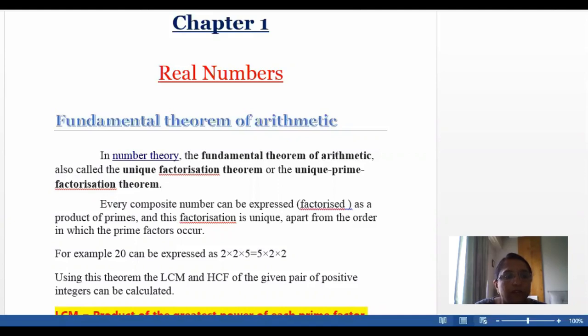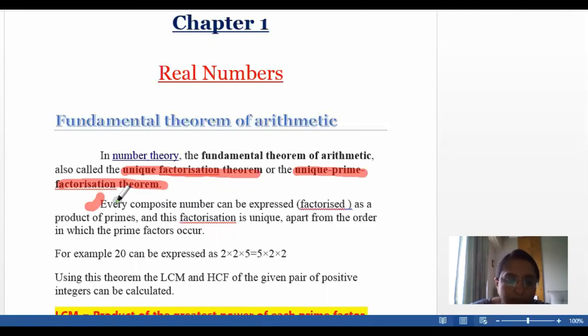Why is it called so? Let us take its statement. What is the statement of the fundamental theorem of arithmetic? This statement is very important.